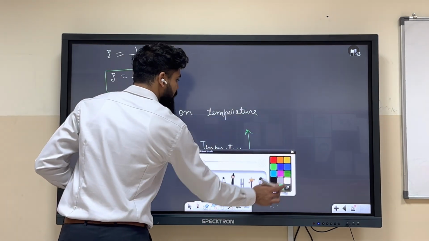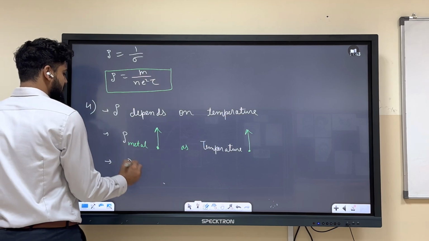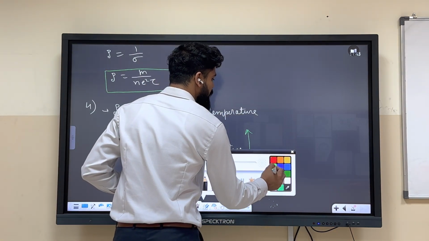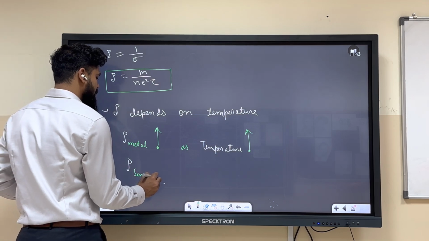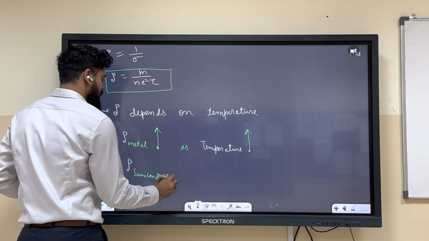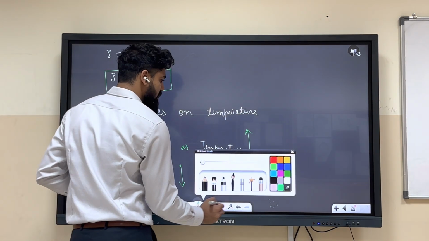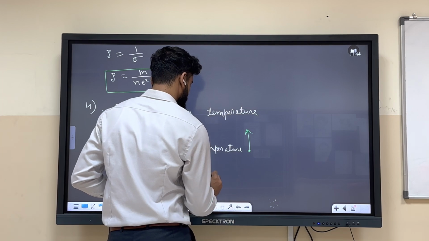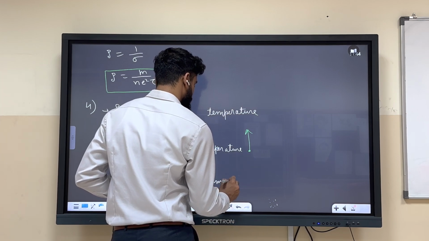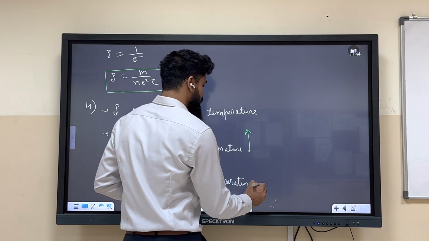Secondly, resistivity of a semiconductor decreases as temperature increases.